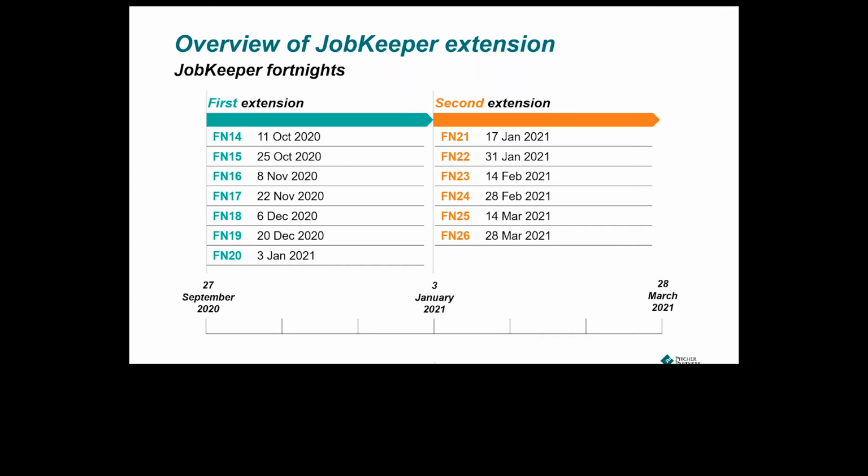We'll come to the new JobKeeper payment rates, but as with JobKeeper 1.0, if you're seeking to remain eligible for JobKeeper fortnights in respect of eligible employees moving forwards, it is important that you have met the wage condition in respect of those employees by the end of each of these fortnights as stated. If you haven't done that and don't otherwise get discretion in terms of an extension from the tax office, then you won't be eligible to receive JobKeeper payments in respect of those employees.